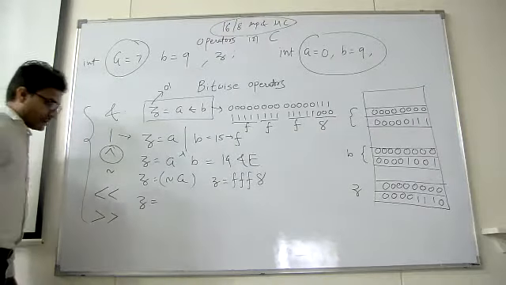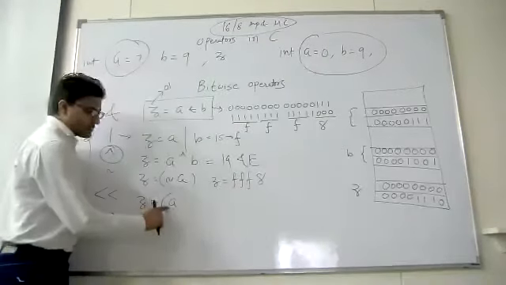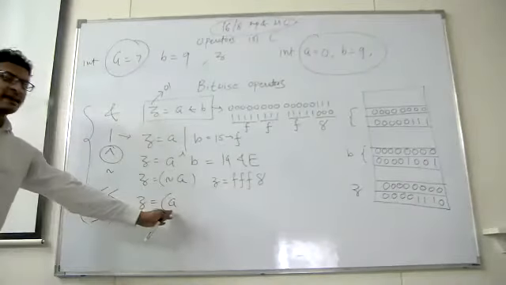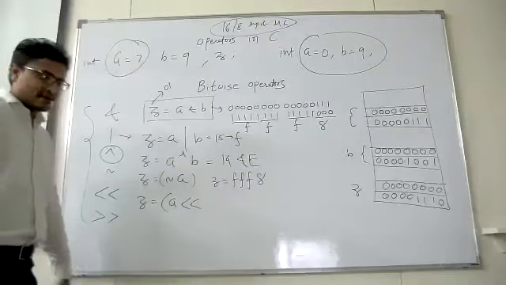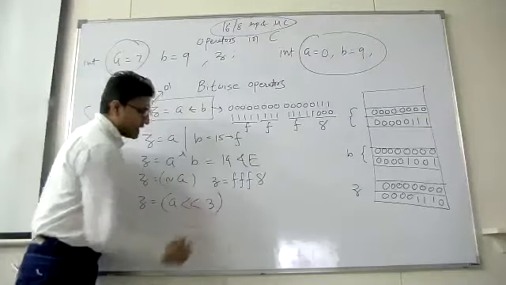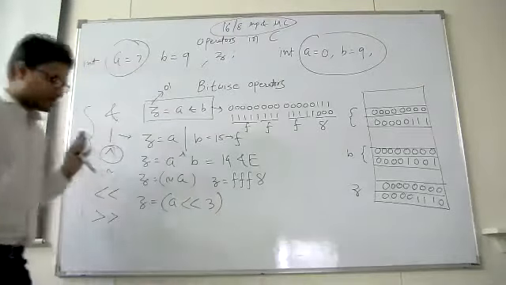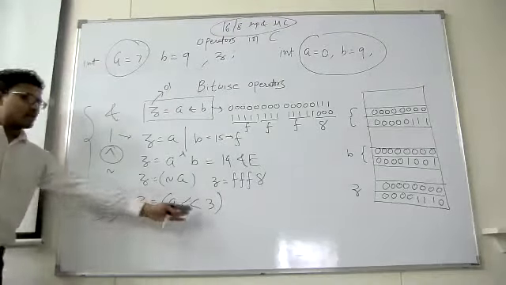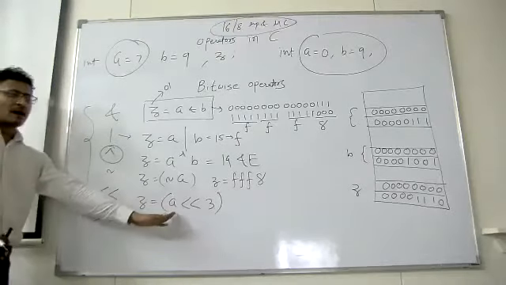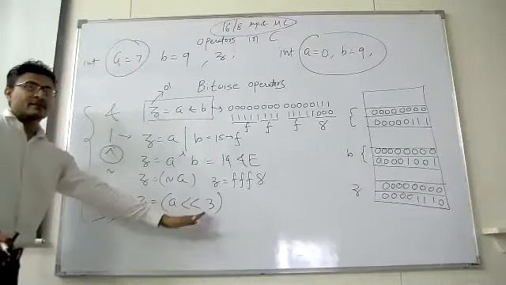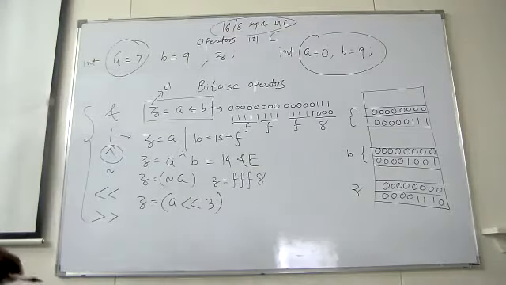Now Z is equal to, in a shift operation, the left side is the operand, then the shift operator and any integer number. Here A shifted left by 3 bits.